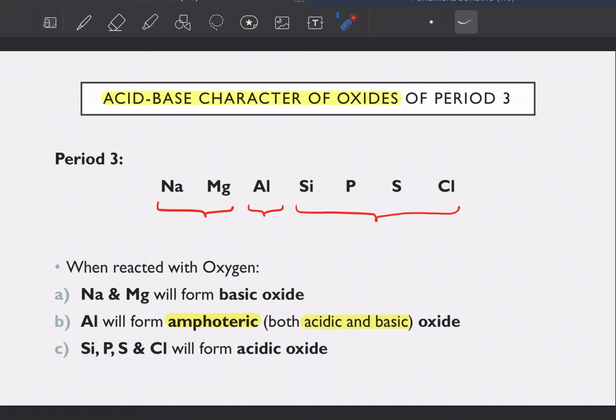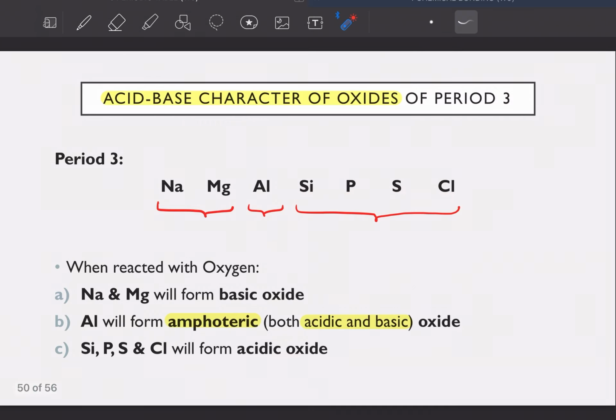Sodium and magnesium, when reacting with oxygen, will form basic oxide. Aluminium is a bit special, it is in between. It will form amphoteric oxide when reacting with oxygen. Amphoteric means it can react as both acid and base. And then these elements here will form acidic oxide.